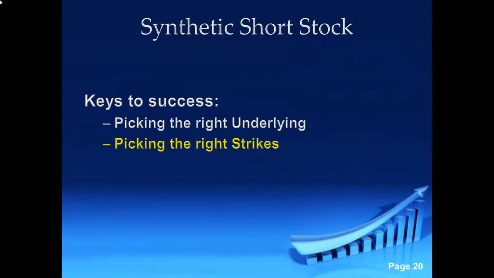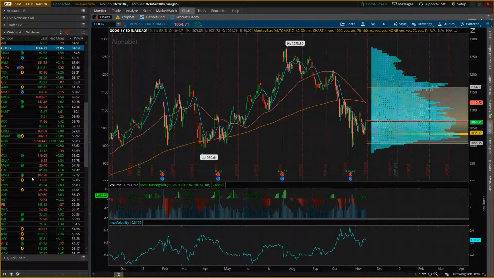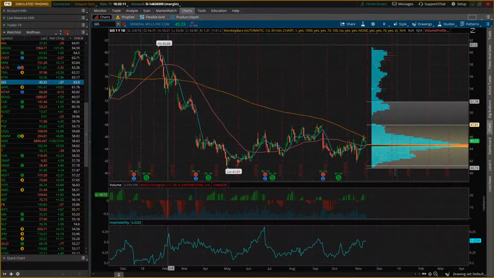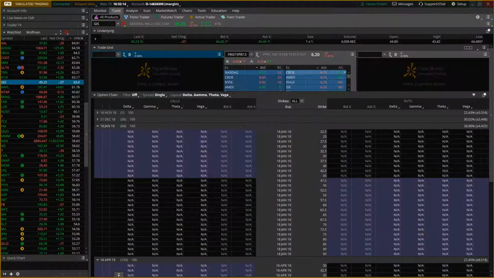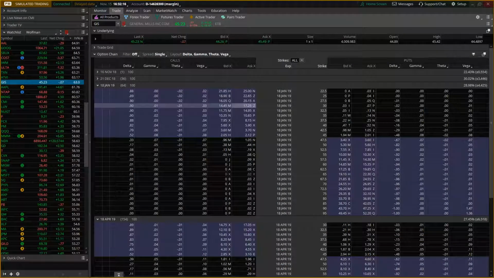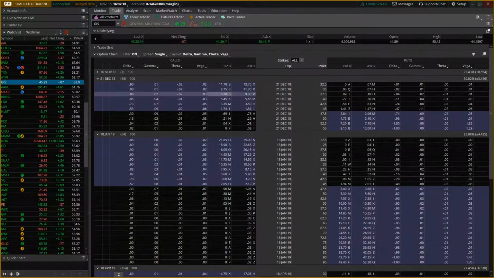And picking the right, sorry, I skipped over picking the right underlying. My rule for this is on a stock that's under $100, we're going to be looking for something that has the bid offer in the option montage tighter than 10 cents wide from the bid to the offer.